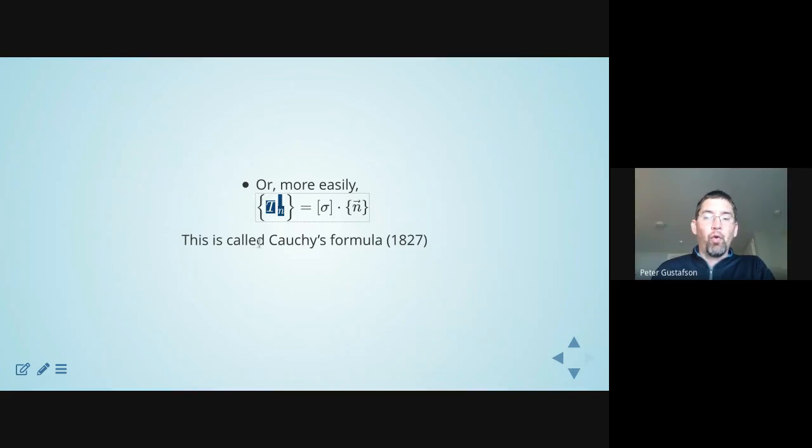Okay, so this formula is called Cauchy's formula. You recognize the dot product reduces the rank of something. The rank 2 tensor dotted with the rank 1 vector results in a rank 1 vector. If you go back to vectors, that's how you get magnitudes from vectors, you dot them.